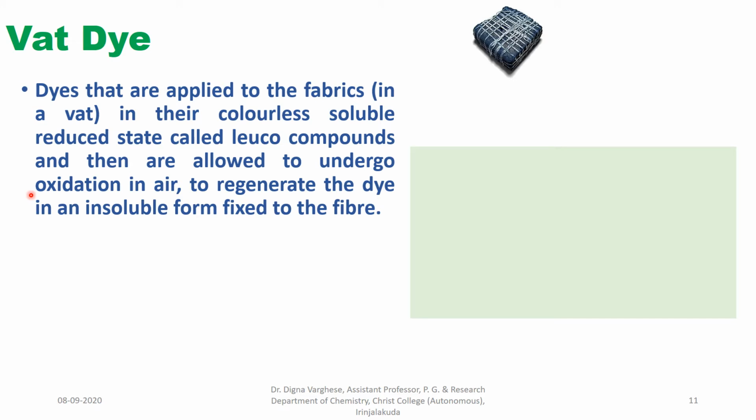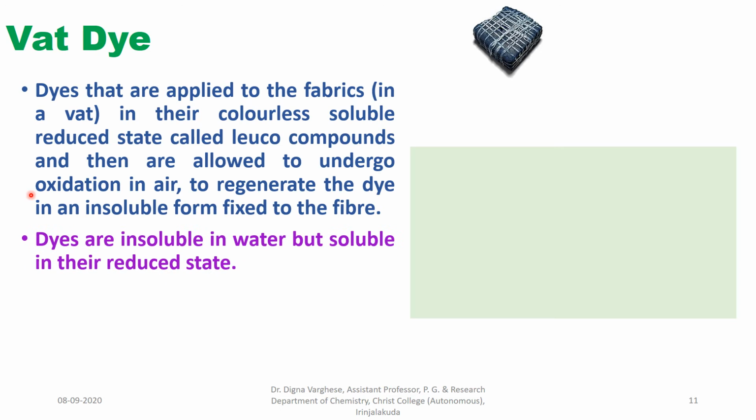First it is in the reduced form, that is the soluble form, then it is converted to the insoluble form, that is fixed to the fiber. Vat dyes are insoluble in water but soluble in their reduced state. Example, indigo, that is used for cotton fabrics.